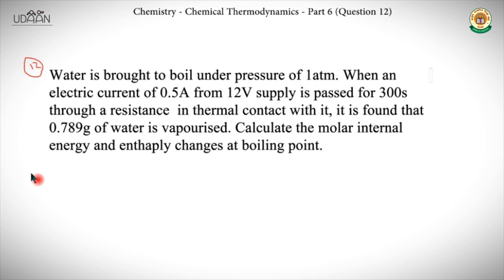So again, this question looks something different, right? They're asking us to find molar internal energy and enthalpy change at boiling point. In the sense, some phase change is happening. Water in liquid state is converting into water in gaseous form. And how are we doing it?